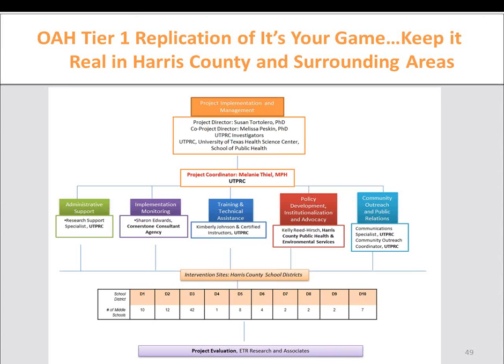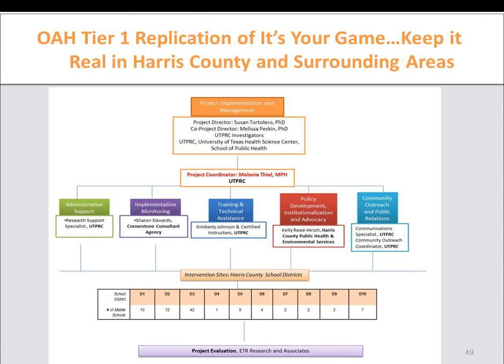So we're focused on a very large geographic area, and so as you can see from this figure, we have a very large infrastructure that we have created to help support our work. So I just want to tell you a little bit about this structure so you can get a sense of the scope of what we're dealing with. I'm the co-principal investigator of the study, along with Dr. Susan Portolero, who's the principal investigator.